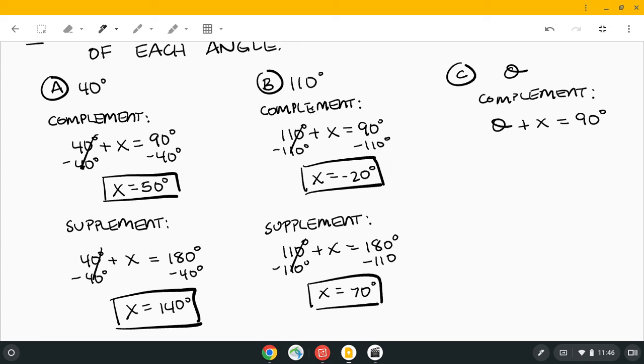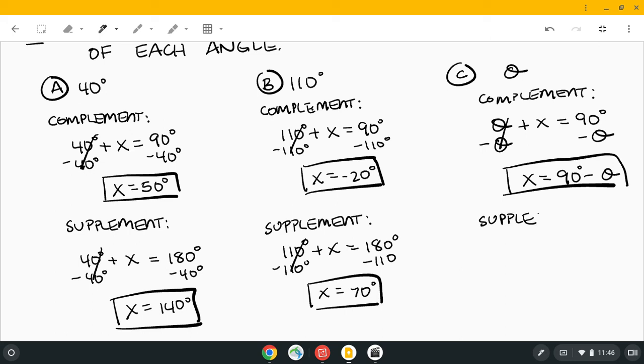If we solve for x, we subtract the angle, in this case theta, and that is our answer. So x would be equal to 90 degrees minus theta. That's just a general formula.